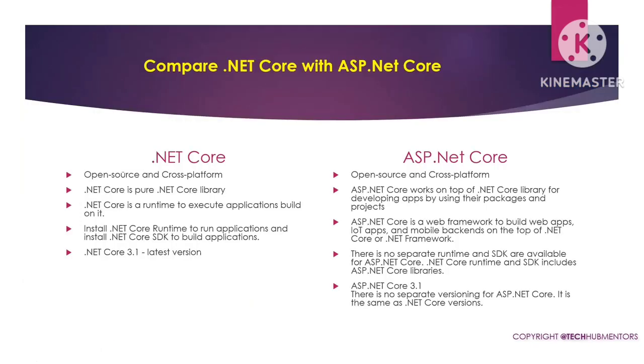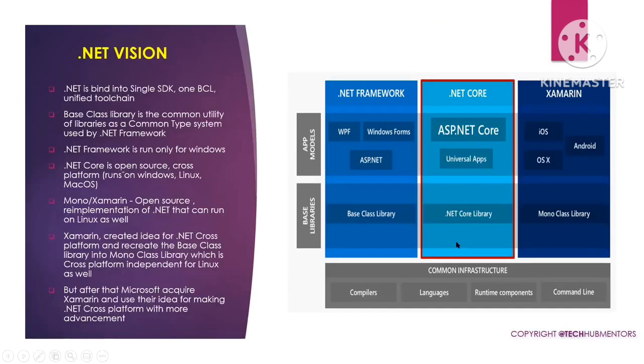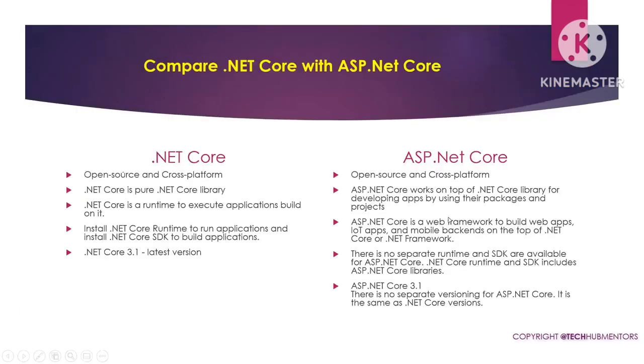Comparison of .NET Core with ASP.NET Core. Now we all know we are learning .NET Core. What is ASP.NET Core? There is only a very small difference between them. .NET Core is a pure core library that will be used by ASP.NET.